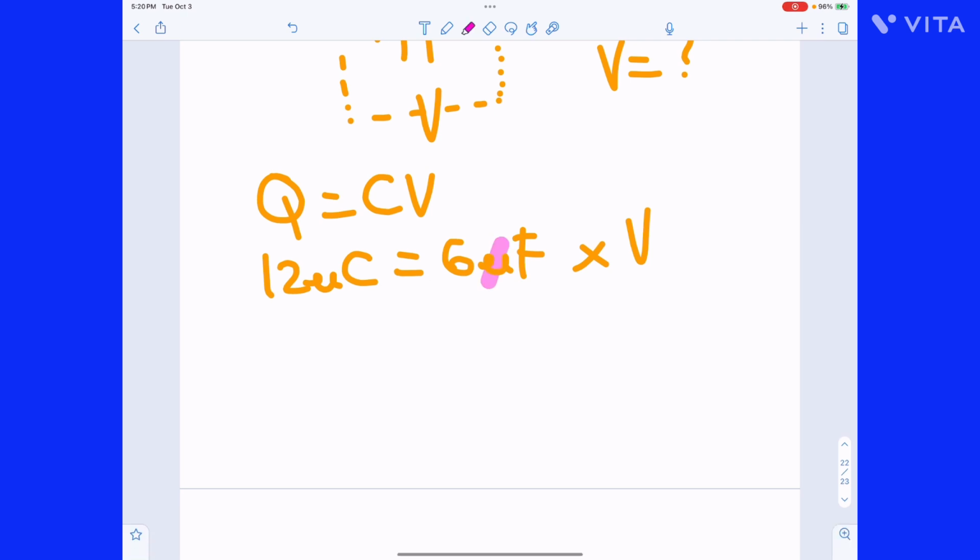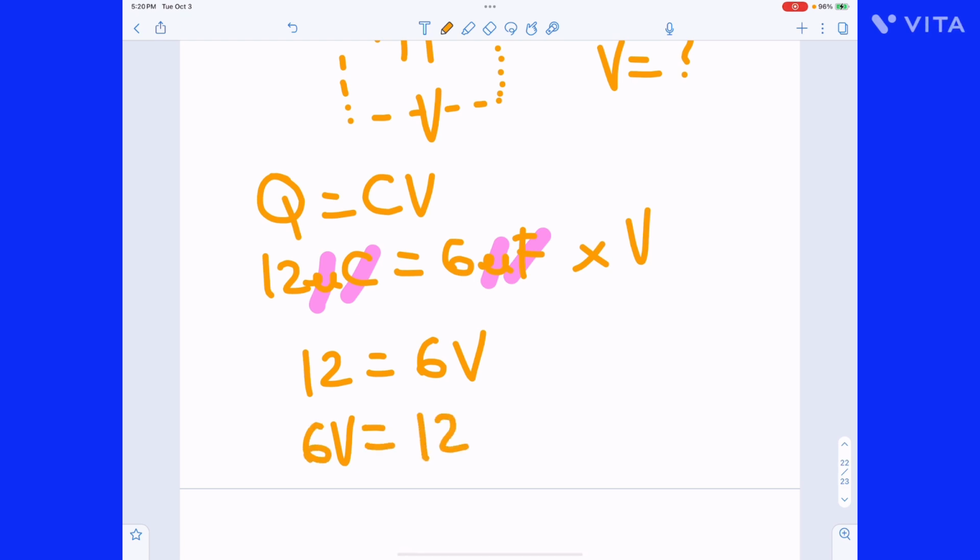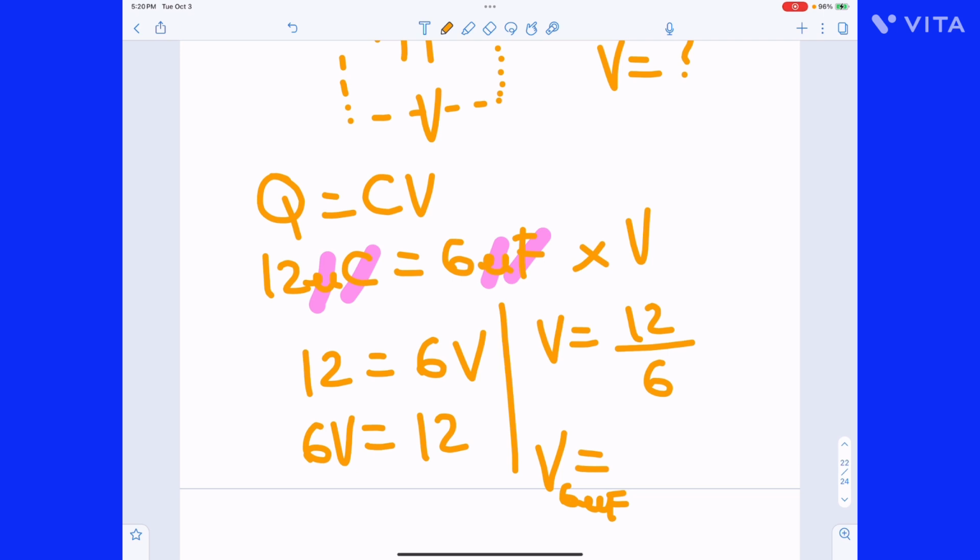Look at this very well. Micro will cross micro. These letters don't matter anymore. So I just have 12 is equal to what? 6V. 6V is equal to 12. V is equal to 12 over 6. So the potential difference across the 6 microfarad capacitor is 2 volts.